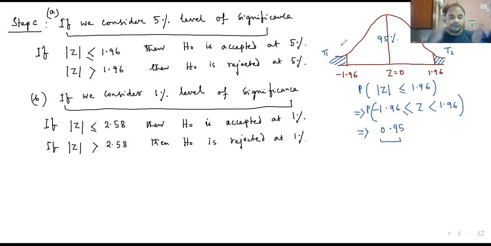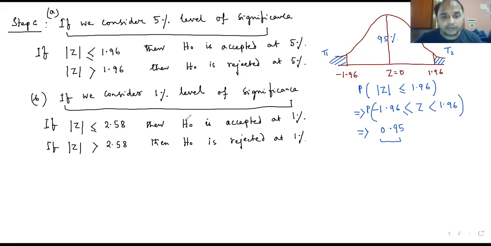That means if the data is falling between minus 1.96 to plus 1.96, with probability 0.95, the data will not fall in this particular region. This probability will be 0.05. So it will not fall in this region, meaning either it may fall in the region T1 or it may fall in the region T2. That we don't know because it is a two-tailed test. We never know it for now.